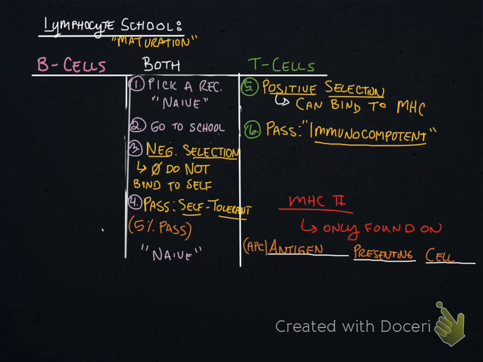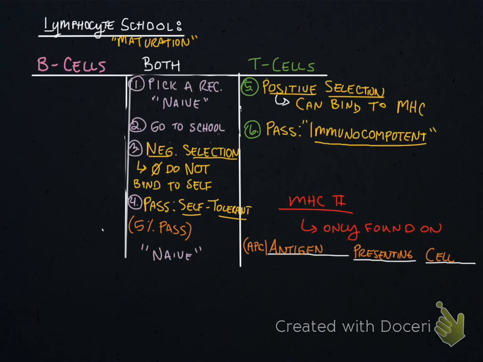That means this cell is presenting an antigen on its surface. Not like a pathogen, but it's presenting an antigen on an MHC molecule on its surface, saying, hey, look what I found. That's an antigen presenting cell.